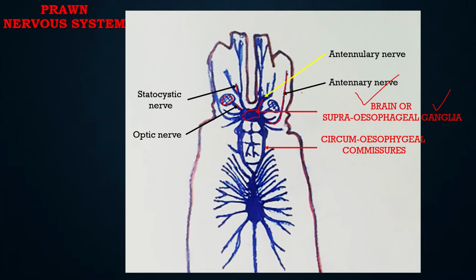The second part is called the circumesophageal commissure. Posterior to the brain, the circumesophageal commissure is found in the prawn, and it encircles the esophagus.